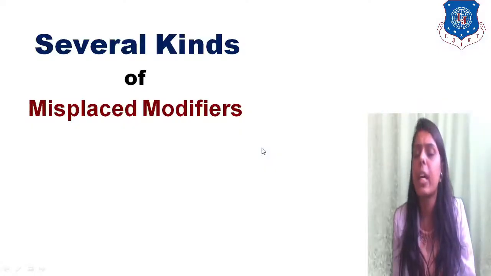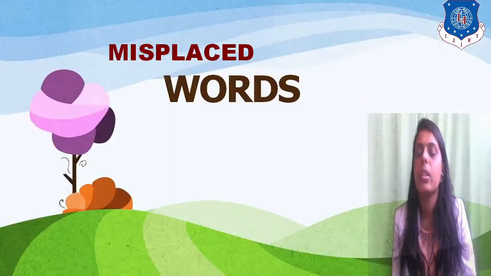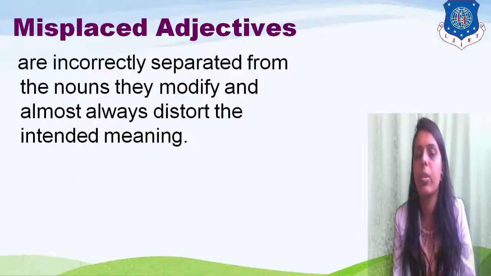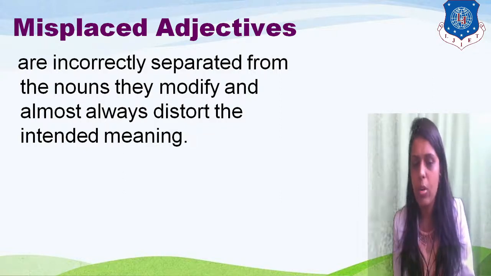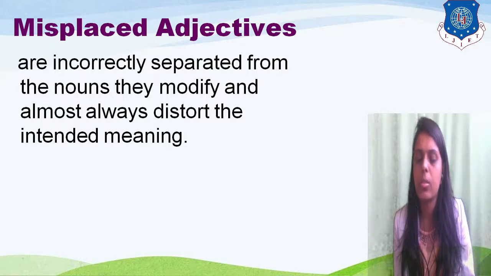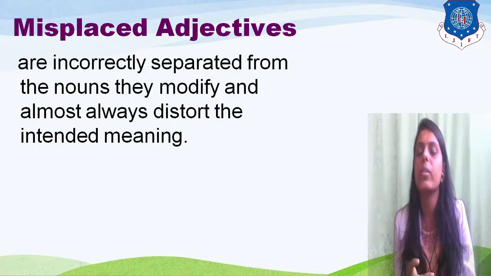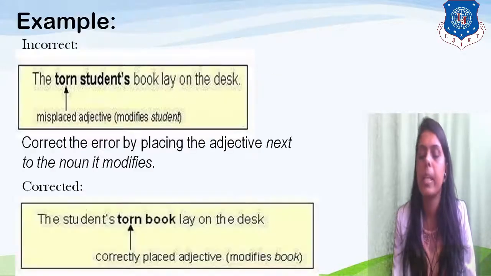Now, there are different kinds of modifiers. First, we are going to study misplaced words. In that, we are going to study misplaced adjectives. Misplaced adjectives are incorrectly separated from the nouns they modify and almost always distort the intended meaning. So it is not modifying the correct noun, it is separated from the correct noun and used at a wrong place.